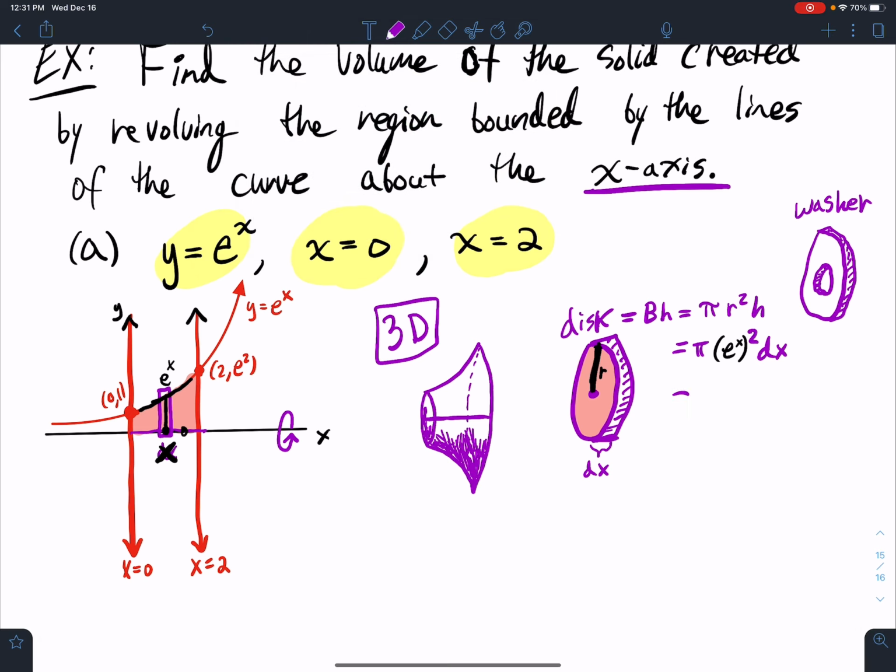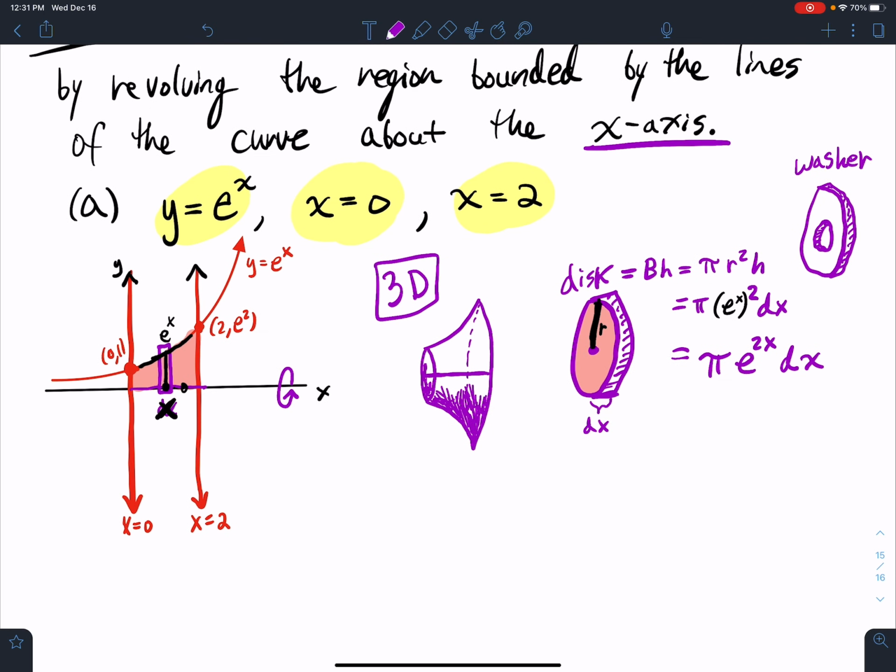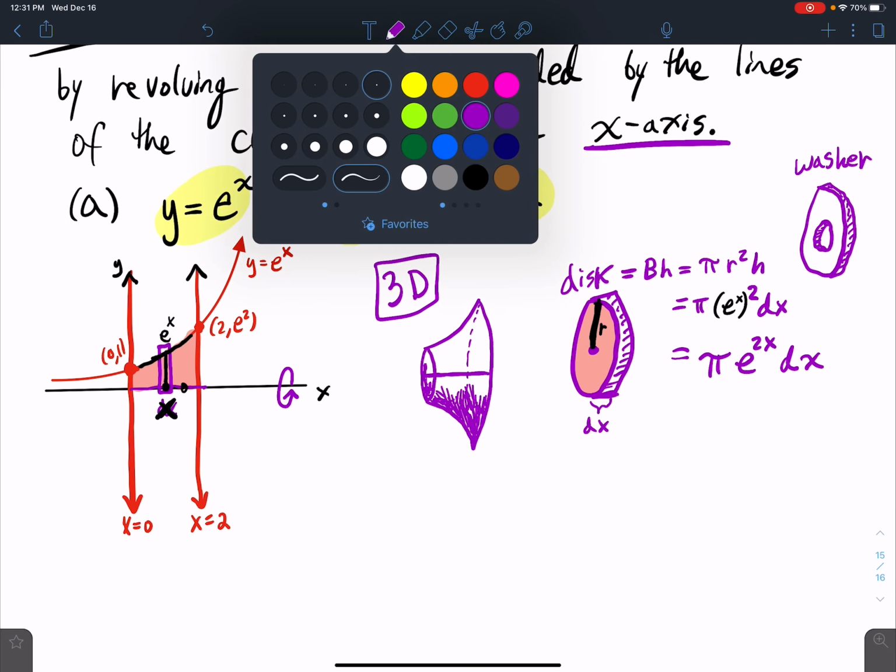So what does this become? It becomes the volume of one of those discs is pi e to the, now power times the power on multiply, so that's e to the 2x. And then my dx, my delta x width there. Okay? Now I want to sum all the discs up.